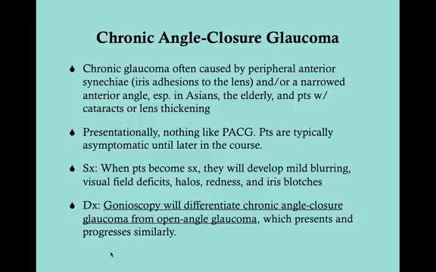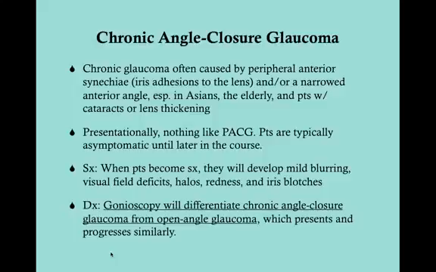Okay, so this is a completely different animal here, chronic angle closure glaucoma. This is not very common in the US, but it's more common in Asia. This is a chronic glaucoma that's often caused by things that can narrow the angle. So this would be things like synechiae, and that's just adhesions of the iris or the lens, a lot of times caused by uveitis.